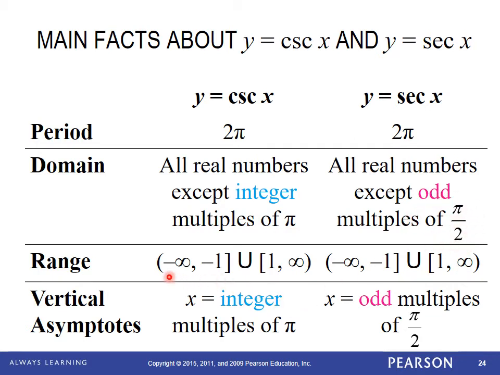Range, notice there's nothing in the middle. They go from negative infinity to negative 1 because they're low, and then you have this little space in between which they never touch. So they don't ever touch an x-axis. They start off back at 1, go off to infinity. Same thing for secant. Vertical asymptotes, again, this should match with the domain.